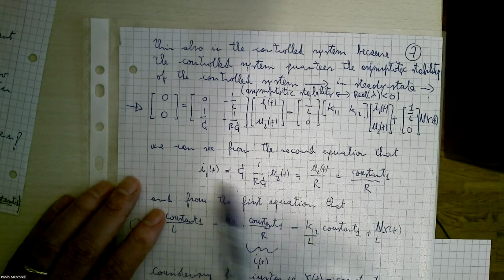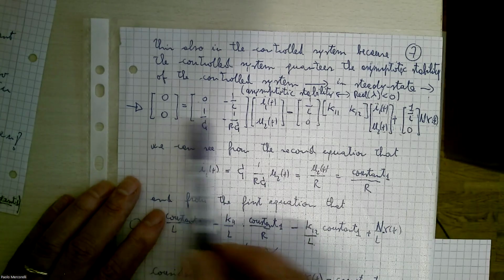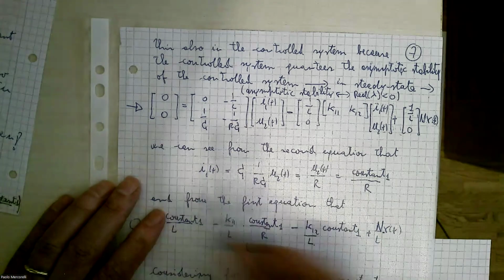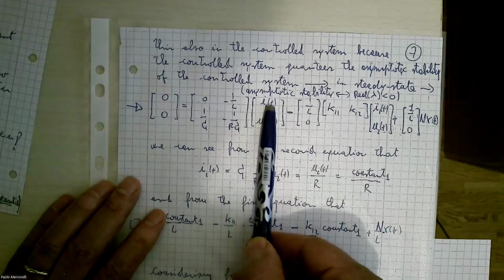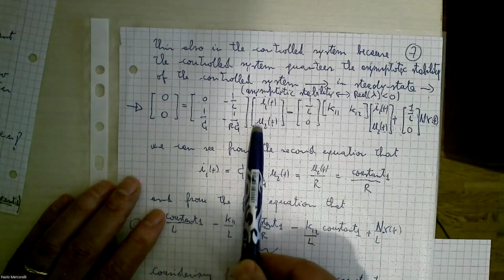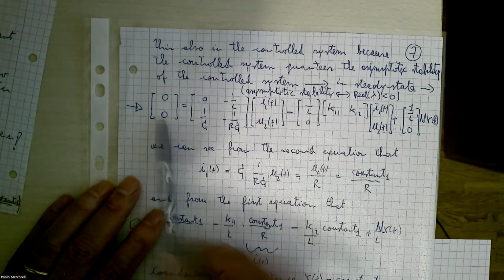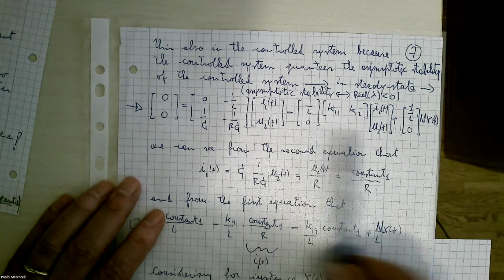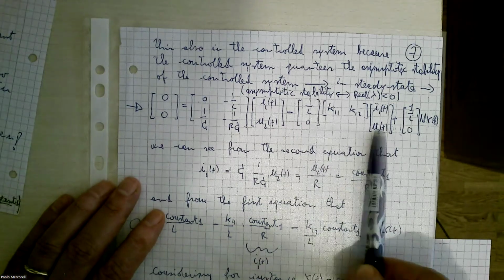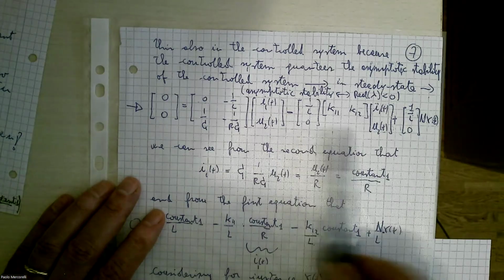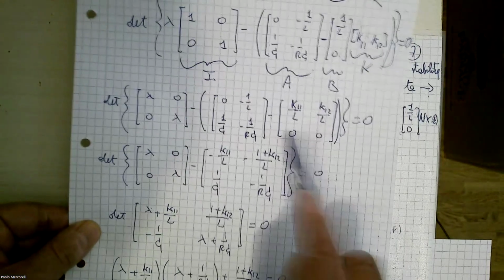The second line is this multiplied by this, minus this multiplied by this, equals 0. So this is 0, and this part here is 0. I don't know if you remember, I showed you these two zeros.